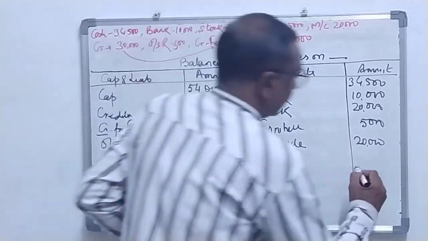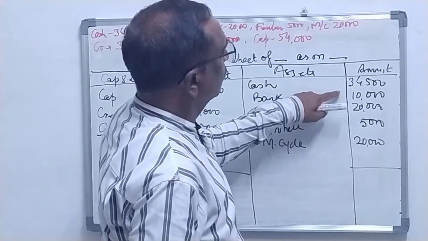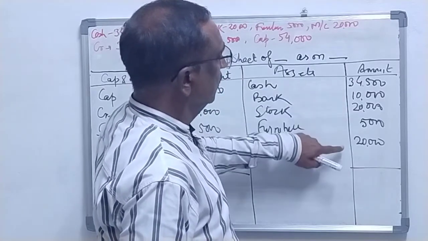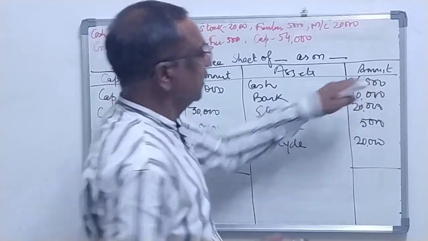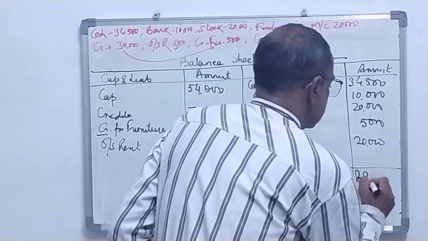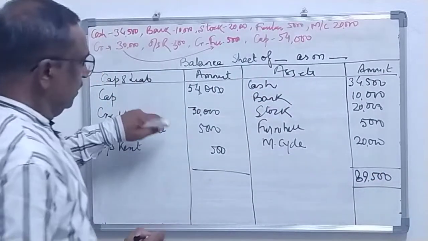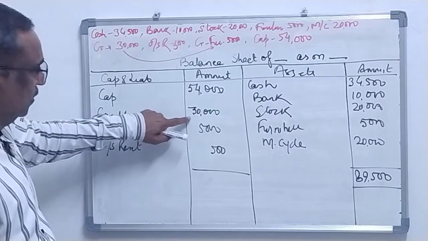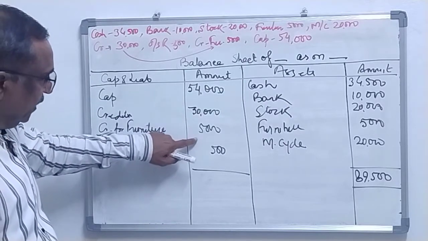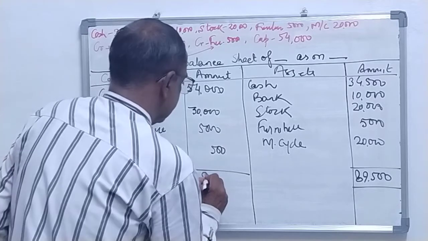Now we'll add 34, 44, 64, 84, 89, 89,500. 54, 84, 89, 89,500.